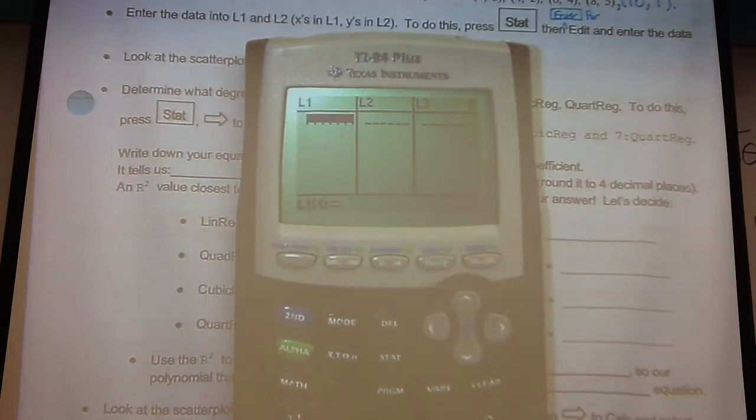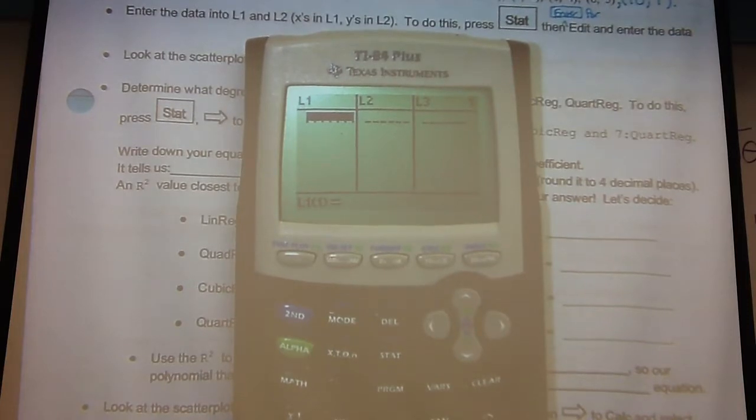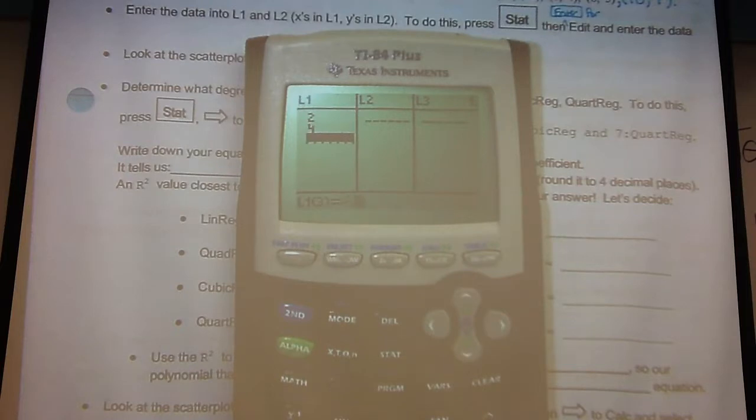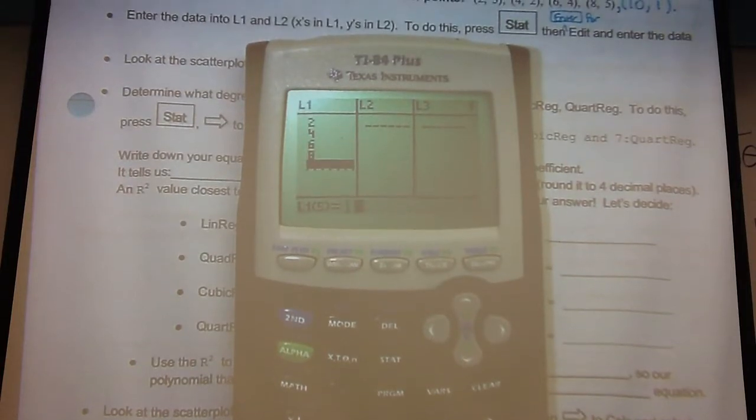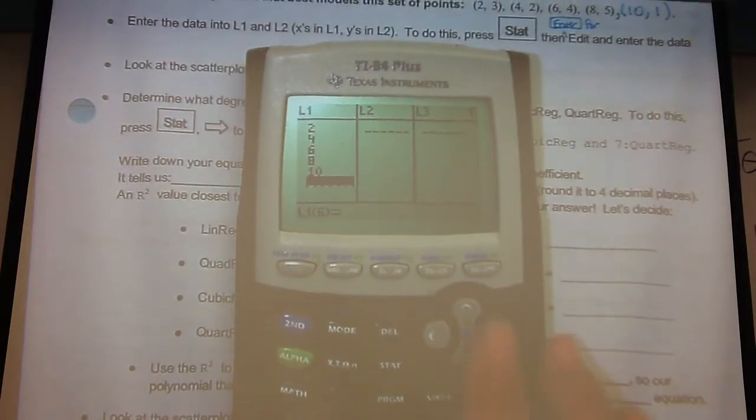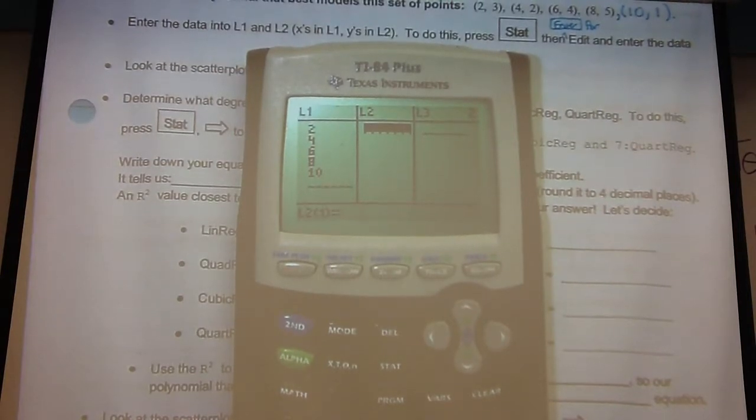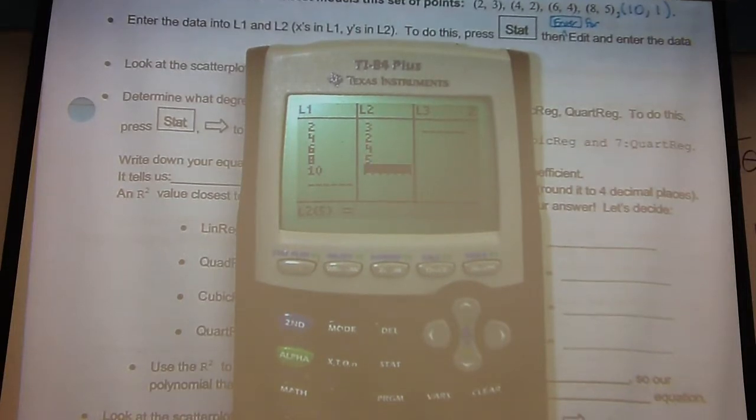Okay, so what's going to go in my L1? Which values? 2, 4, 6, 8, and 10. Yeah? Then in my y values, I'm going to have 3, 2, 4, 5, and 1.